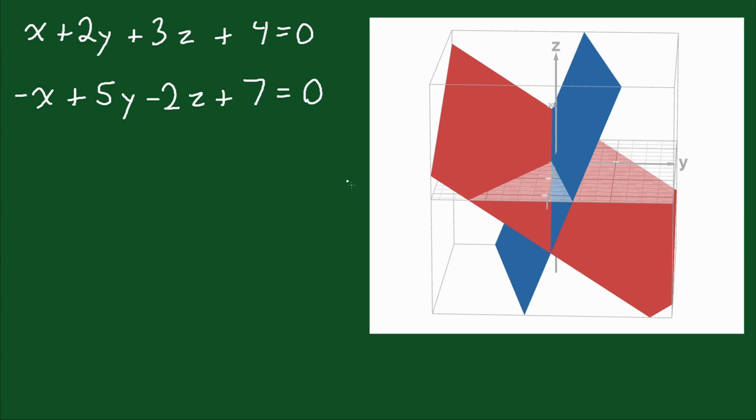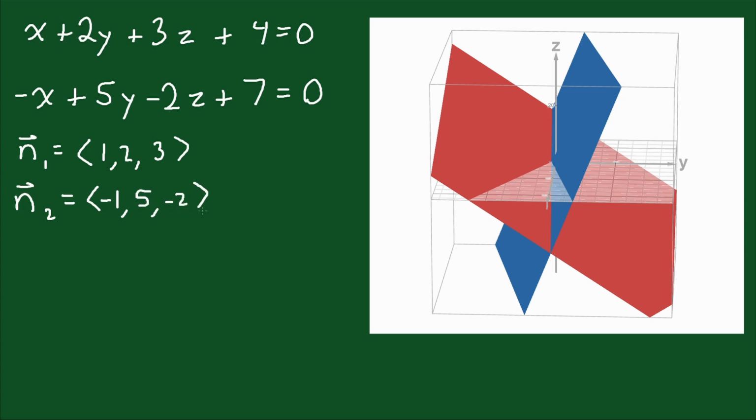So I do the exact same process here to find the angle between them. I use the normal vectors. The normal vector for the first plane will be 1, 2, 3, just getting those from the coefficients on x, y, z. And the normal vector for the second equation will be negative 1, 5, negative 2. Again, from here, negative 1, 5, negative 2.